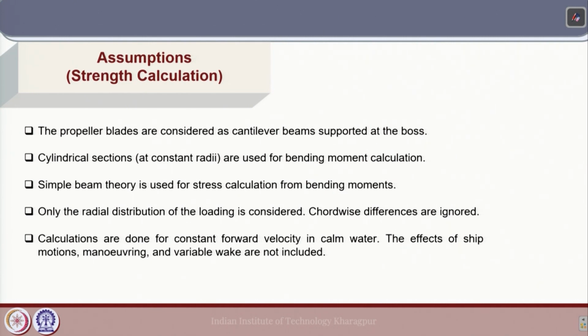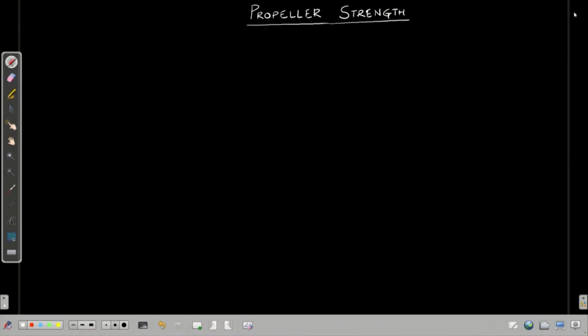The effects of maneuvering ship motions and variable wake are not included in the strength calculations. Now, let us look into the forces on the propeller blade, which are the thrust and torque, and how they lead to the bending moments on the propeller blade.